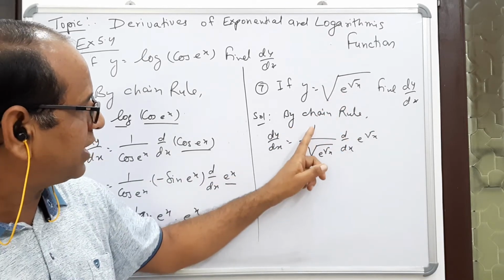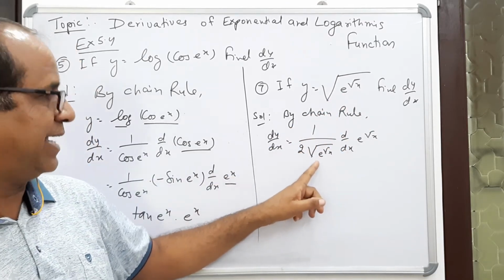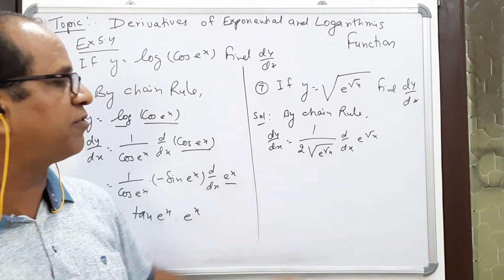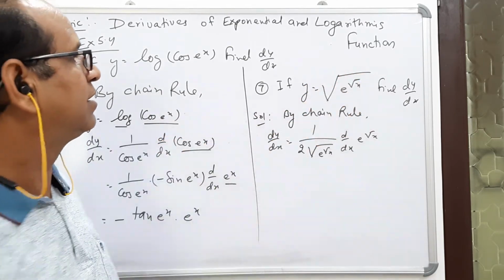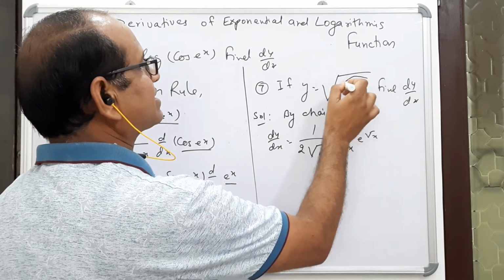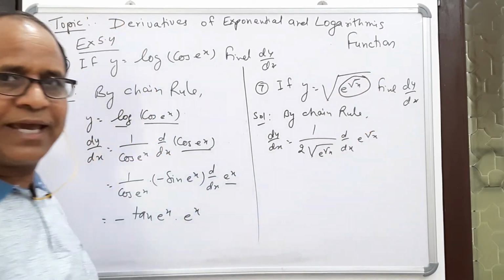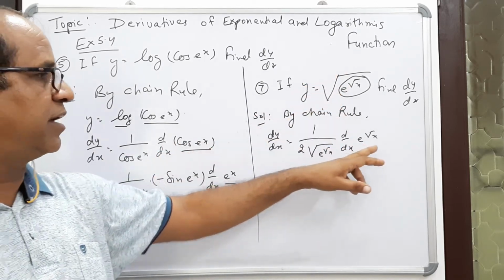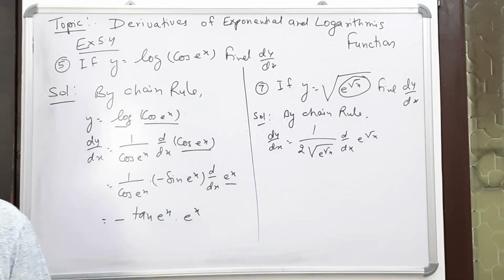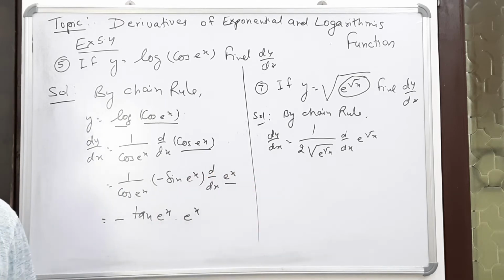Whatever is inside the root, because it is not x. When it is x, the step will be over here only, but when it is some other function, then we use the property that is the derivative of function of function.